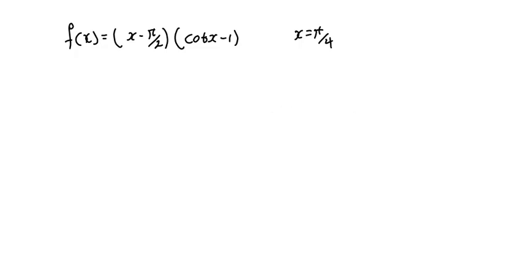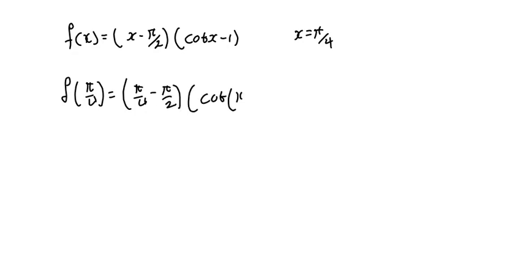Okay, so to show is just a matter of substituting. So that is going to be f of pi over 4 equals pi over 4 minus pi over 2, then cotangent pi over 4 minus 1, like that.